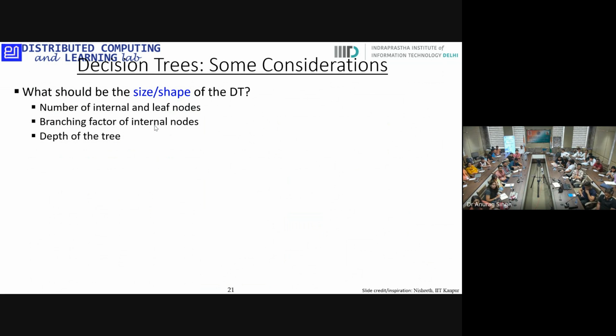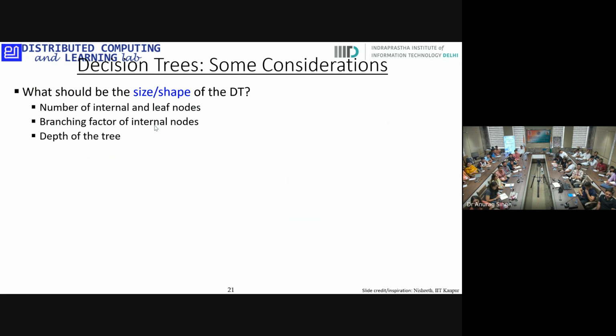Some considerations: what should be the size and shape of the decision tree, in particular the number of internal nodes, number of leaf nodes, branching factor of internal nodes, and depth of the tree. I'm not going into describing overfitting, but I believe some of you are familiar with that idea.